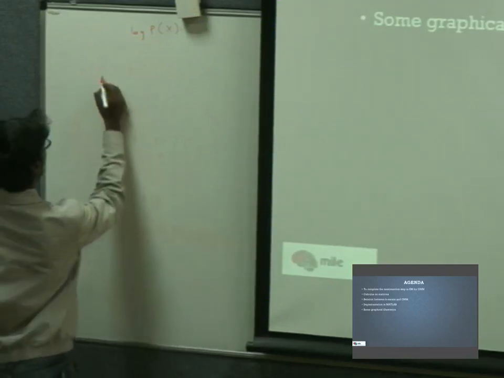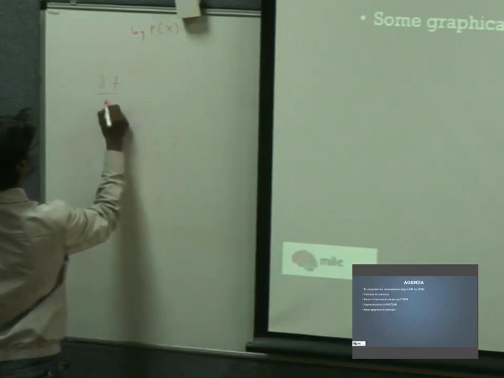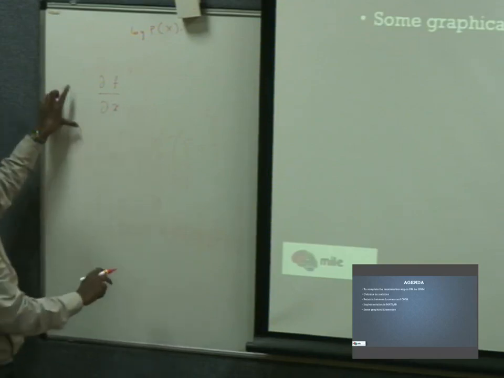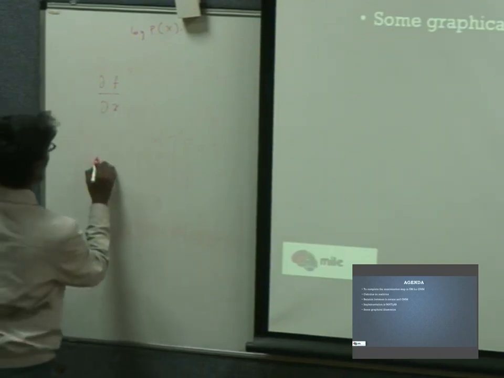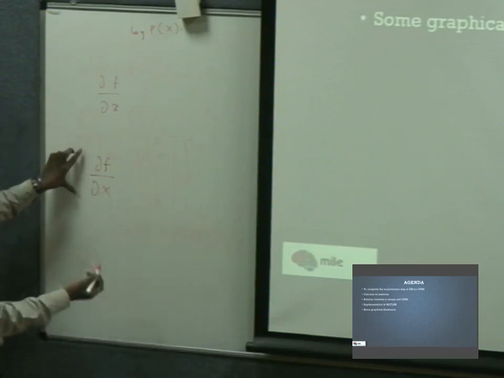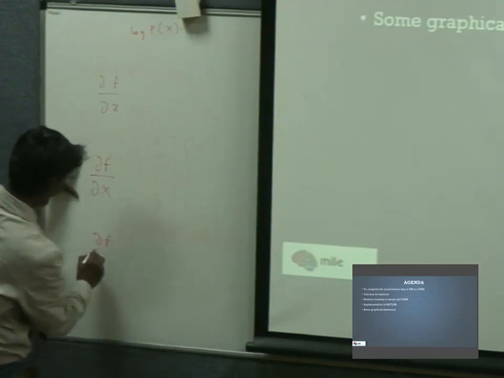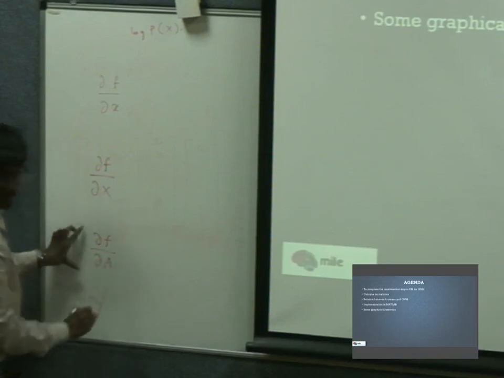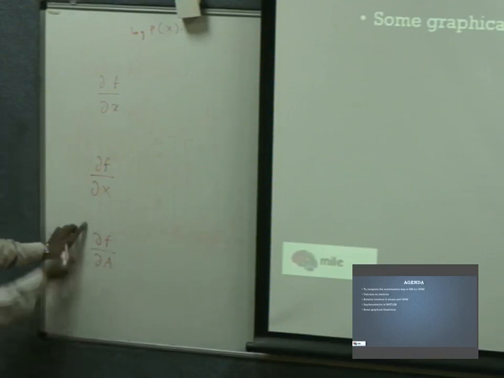See, you have a function and you can differentiate it with respect to a variable. This is a simple scalar function, and if you have a vector, this is vector calculus, and if you have a function and you have to differentiate it with respect to a matrix, then we'll use some techniques.